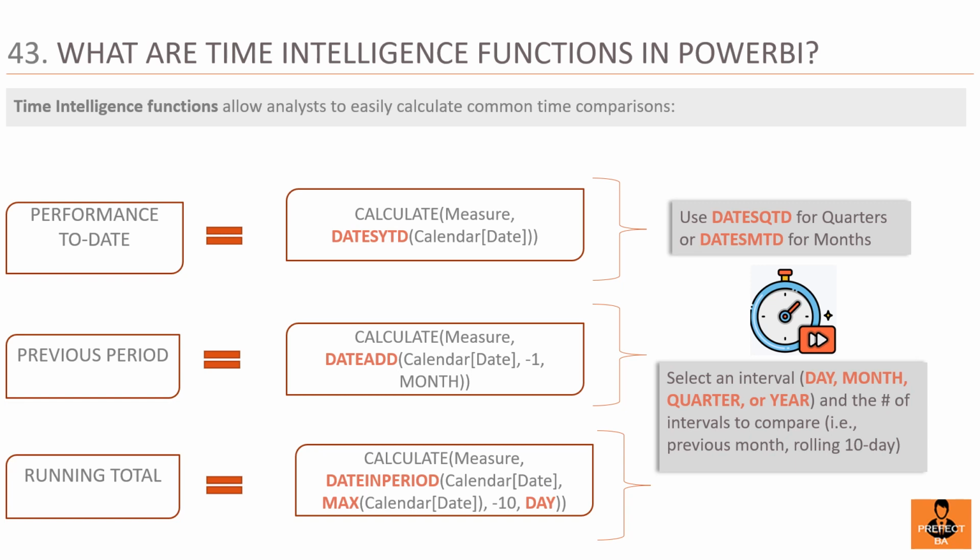For example, if the retailer wants to calculate the year till date YTD revenue generated, then the formula would be as shown in the slide. Similarly, previous period and running totals can be calculated using the formula shown in the slide.